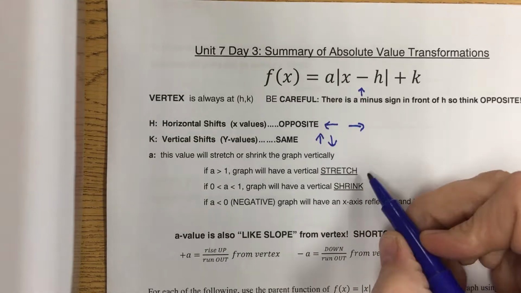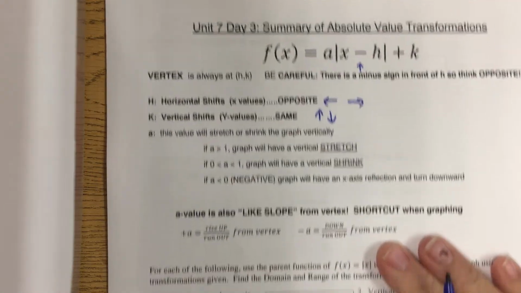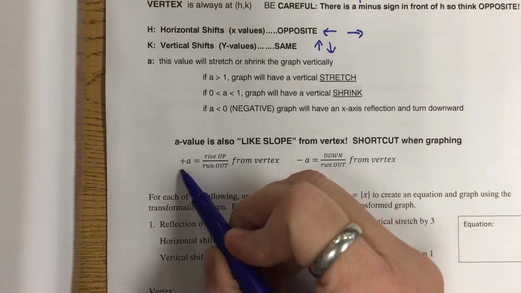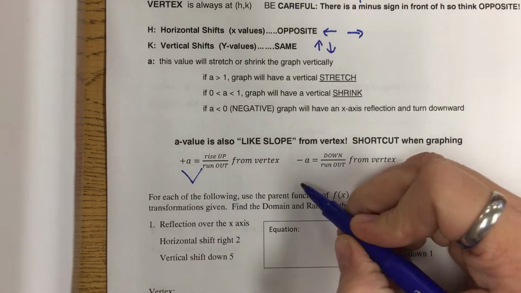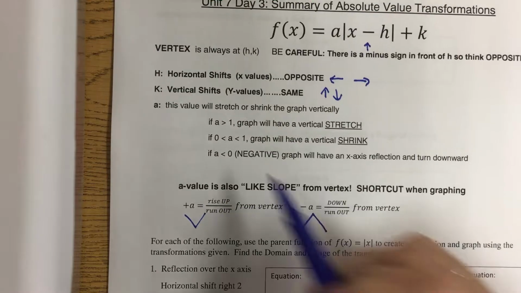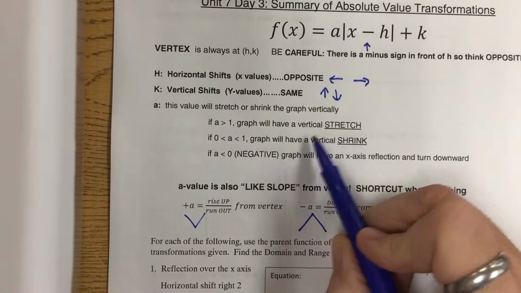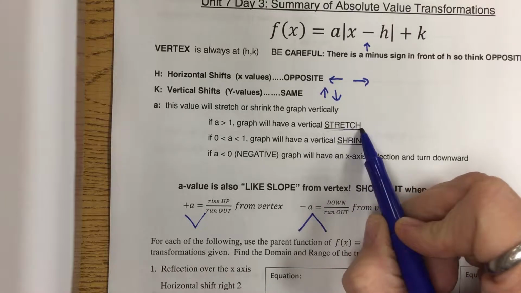When we're dealing with this, oh, that's down here, but we'll go to this real quick. So if it's a positive A, it's going to go upwards, and it's upside down if it's a negative A. Then, if A is greater than 1, then we'll have a stretch.